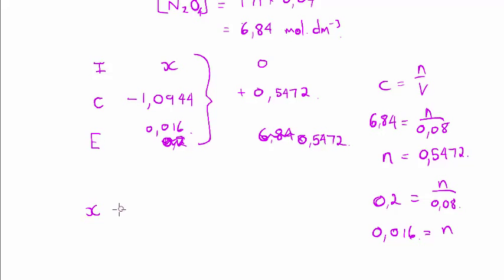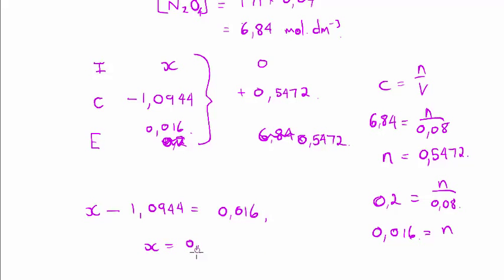I started, I don't know with what, and then I used up double the amount of moles that I produced, which is 0.0944, and I ended up with 0.016 moles.